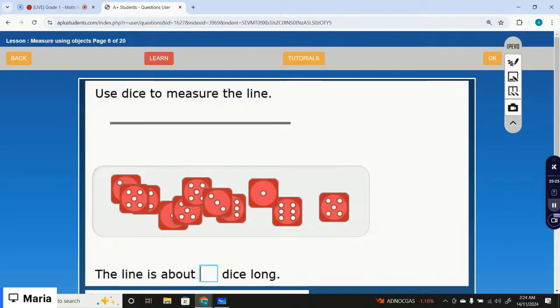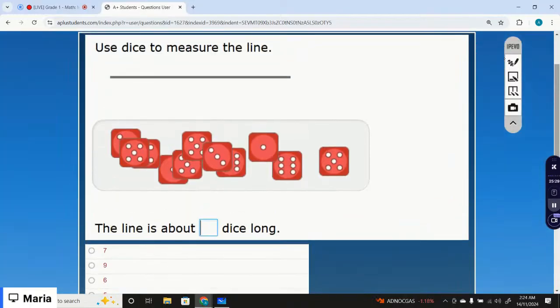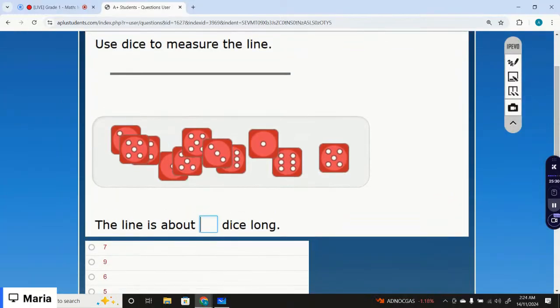Use dice to measure the line. So, how many dice long?